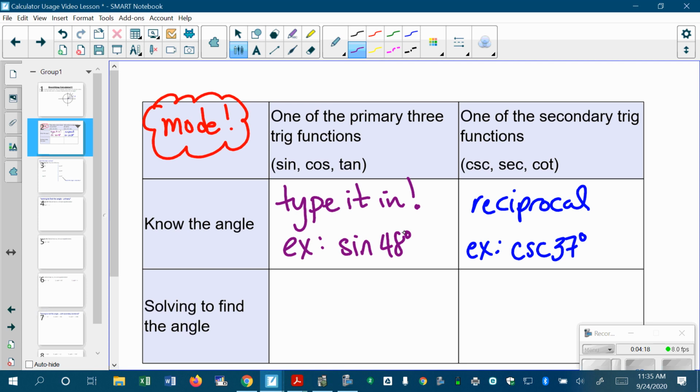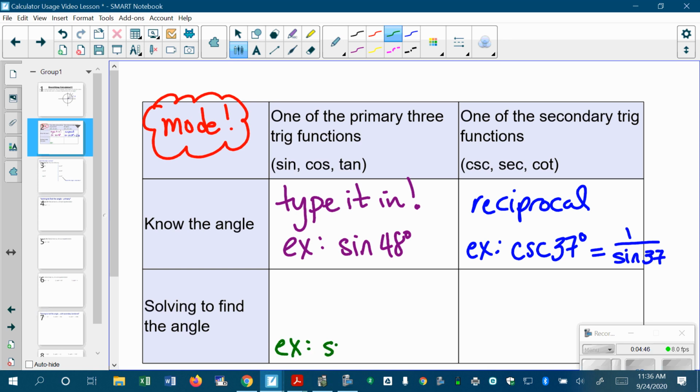I can just type that just how it looks, okay? But cosecant, there's no cosecant button. So I need to remember that cosecant is the reciprocal of sine. And so I can just then find the value of sine of 37 degrees and then flip it, right? Find the reciprocal. Yay!